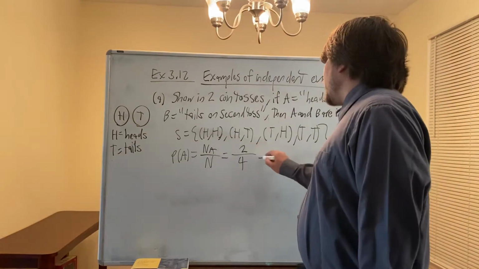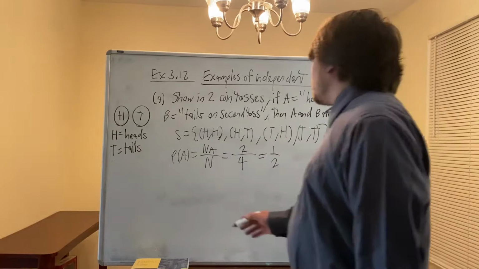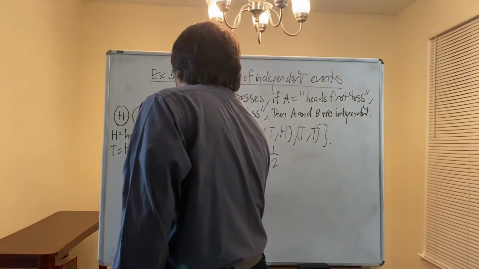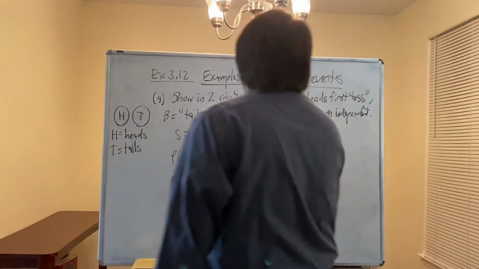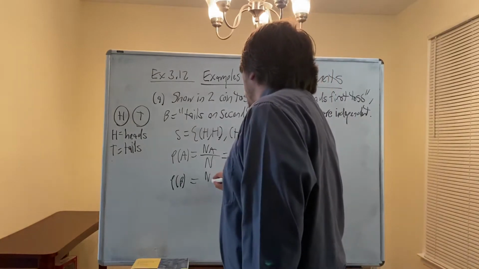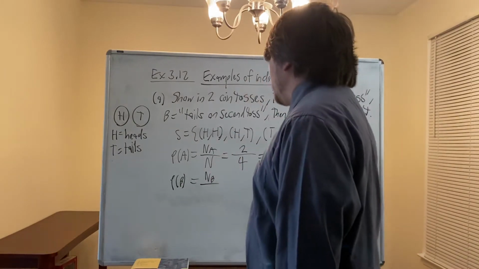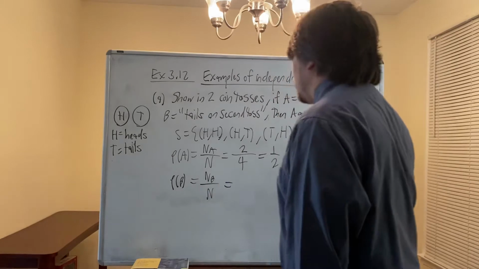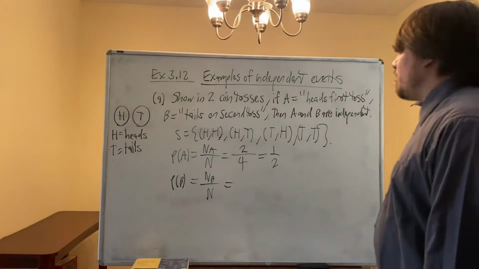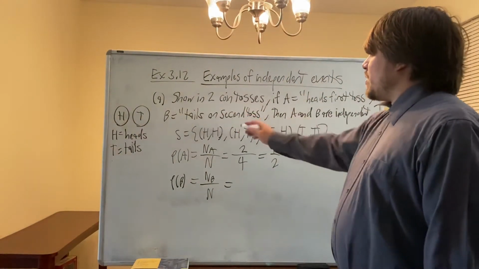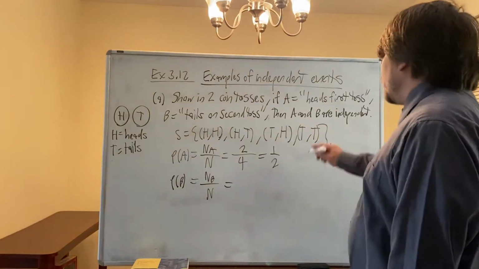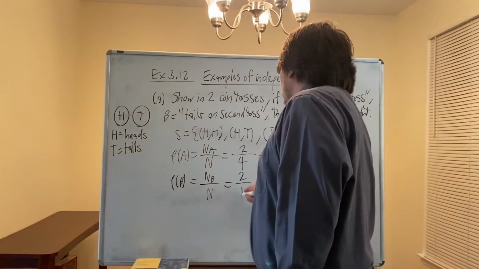There's 2 of them like that. That's 1/2. The probability of B, the probability of tails on the second toss, is the number of simple outcomes in the event B divided by the total number of simple outcomes in the sample space. And n sub B is the tails on the second toss. So that's 1, 2. There's 2 of them like that out of the total 4.